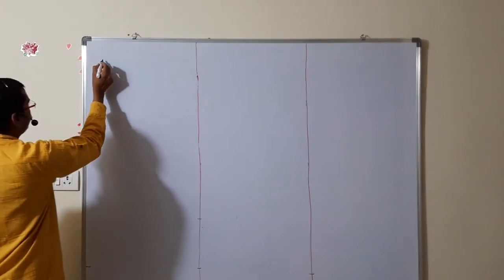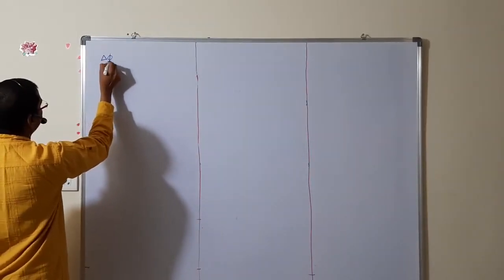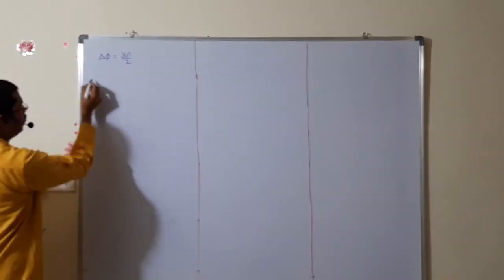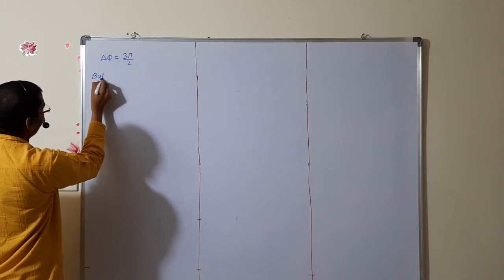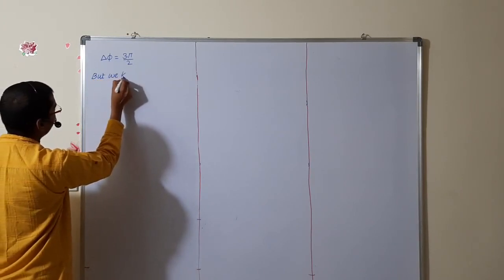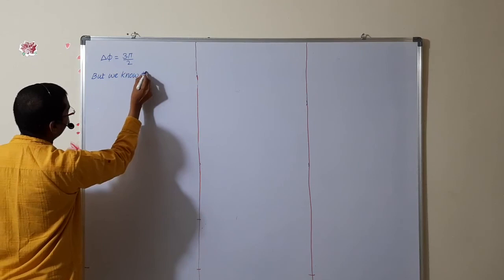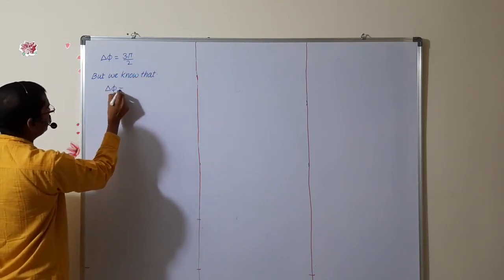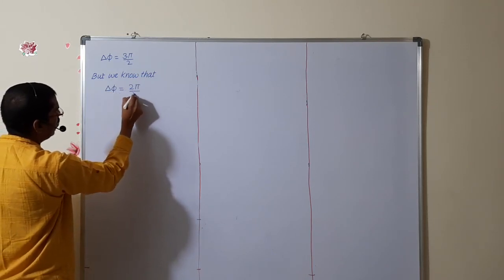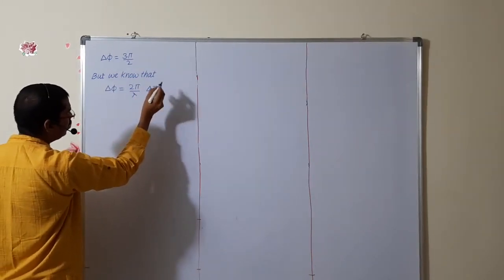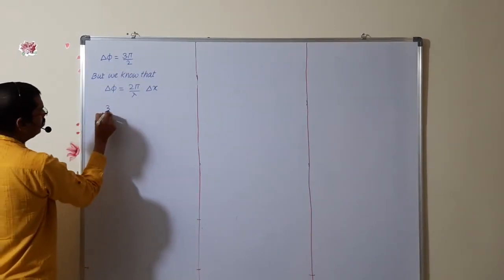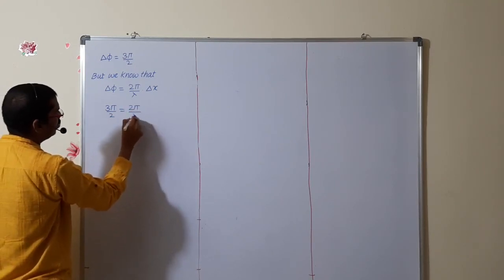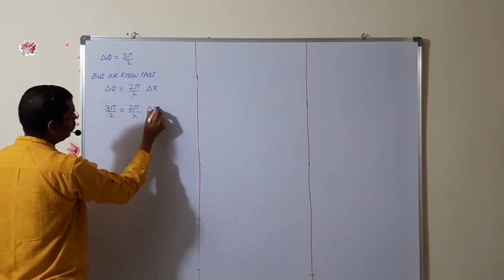Now, the phase difference we got is 3 pi by 2. But we know that delta phi is equal to 2 pi by lambda times delta x. So 3 pi by 2 is equal to 2 pi by lambda into delta x.